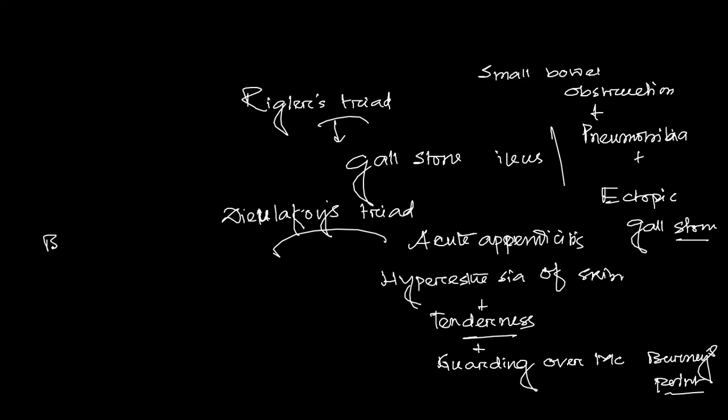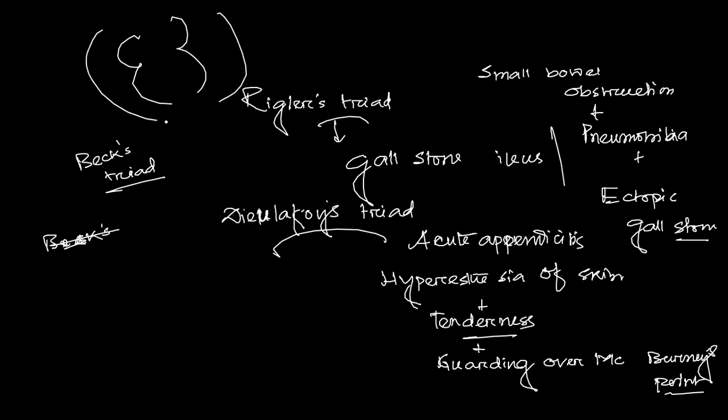Beck's triad, an important triad of the cardiology portion. You'll know that if there is pericardial effusion or cardiac tamponade, then what will happen? If there is fluid accumulation in the pericardial space, if you put stethoscope here, you will not get heart sound very clearly. So you will get muffled heart sound.